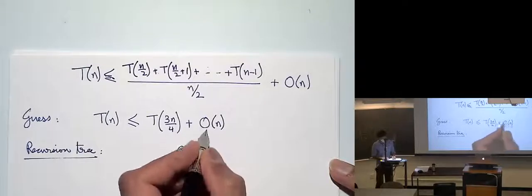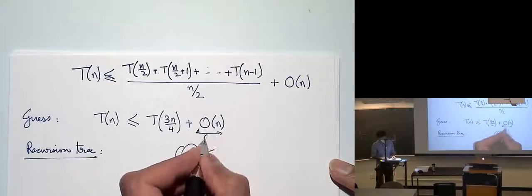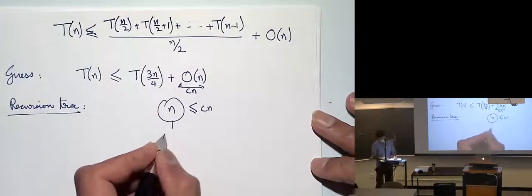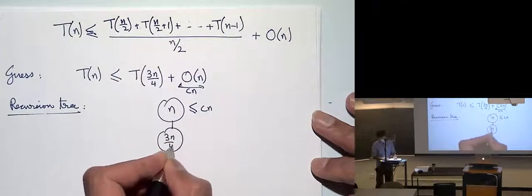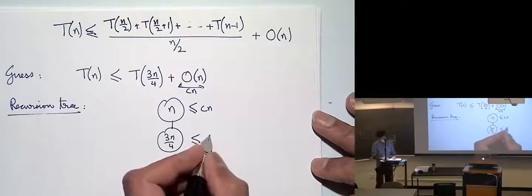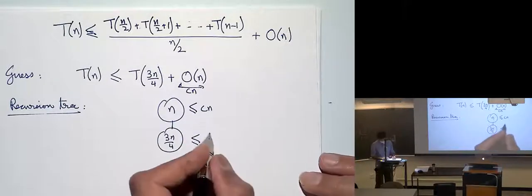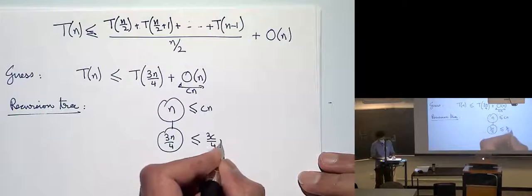So this is at most C times n. How many recursive calls? One recursive call, 3n over 4. At most, what is this going to be? 3 over 4 Cn. 3C over 4 times n.